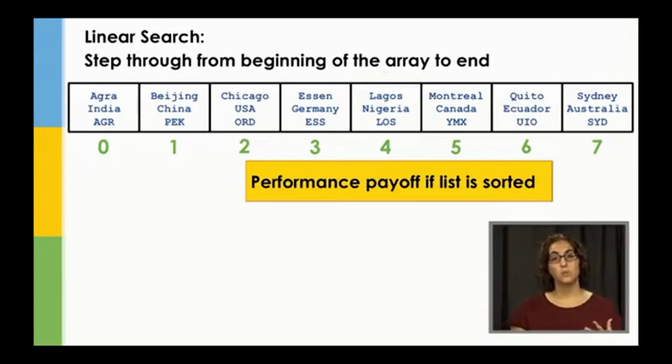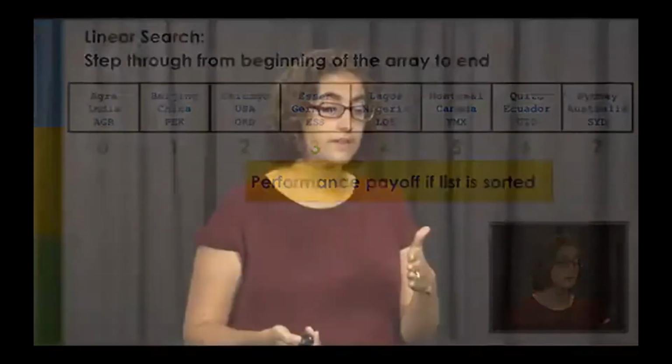And so what we get here is that if we do some upfront work, if we sort our list, then in certain cases, our algorithm can run much faster. And we can have some logic built into our algorithm that says, if we're sure that the element we're looking for is missing, we don't have to keep on going. We can stop right here and say, we've reached somewhere past the alphabetical location of where our element would be. We don't need to keep going.